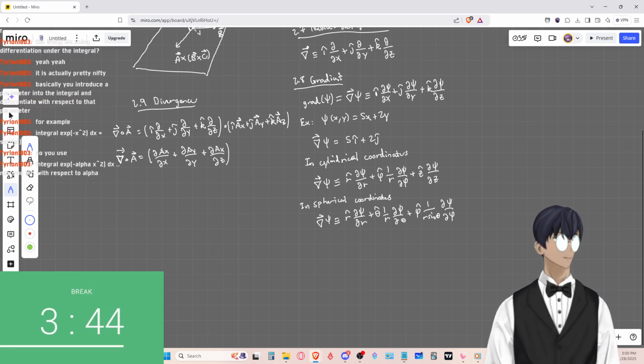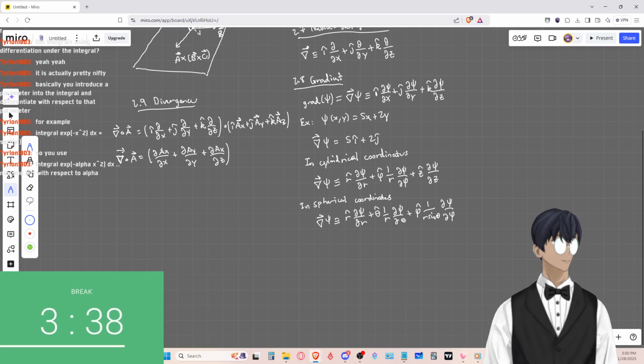Integral of e to the negative alpha x squared. Now you differentiate with respect to alpha. Oh, okay.